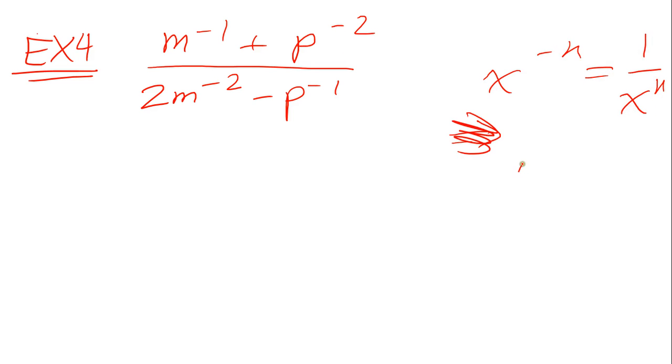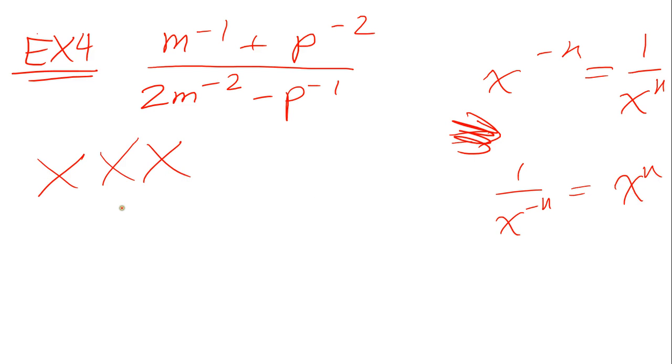Just like if I have 1 over x to the minus n, that's just x to the n. Basically, you just move it to the other side. To the numerator, you move it to the denominator. Denominator, you move it to the numerator and make it positive. But do not do this. Don't do this.